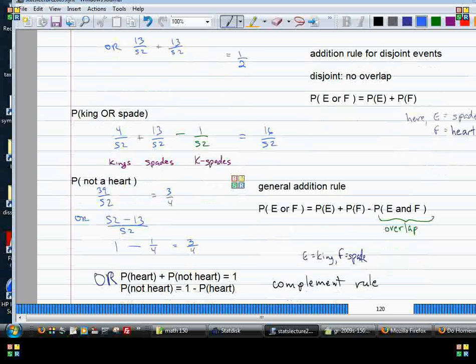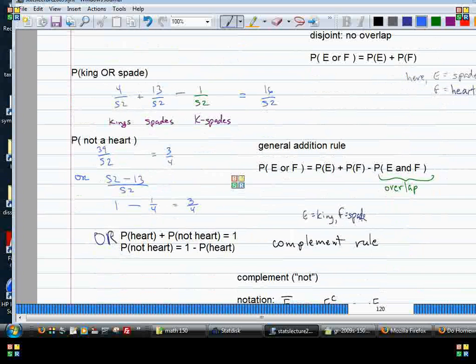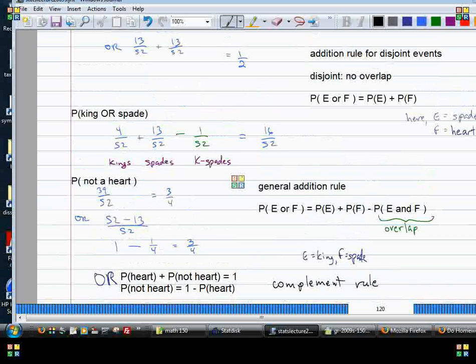Okay. So this is called the complement rule. Complement is the same as not. It's also the same as everything else.